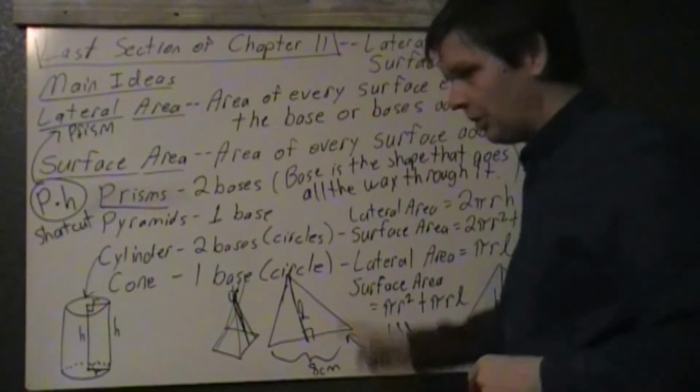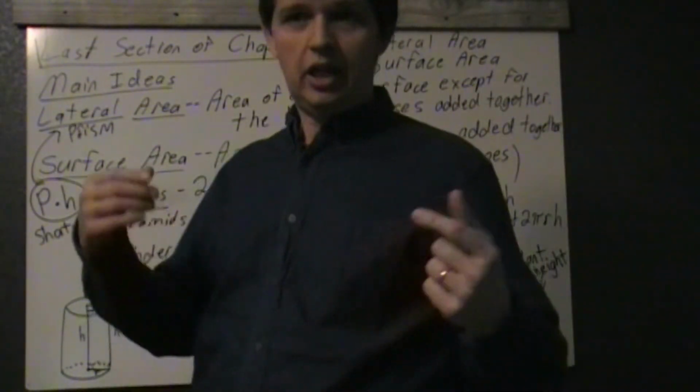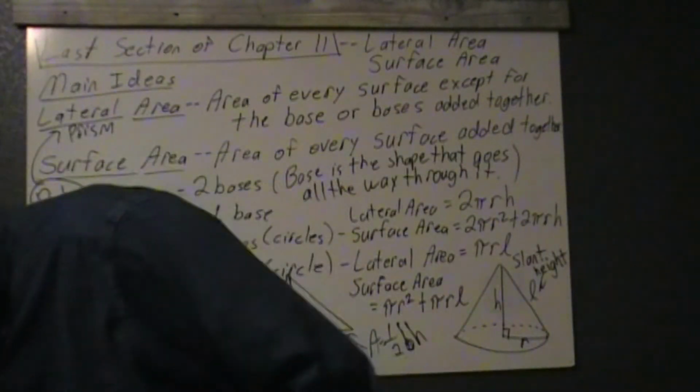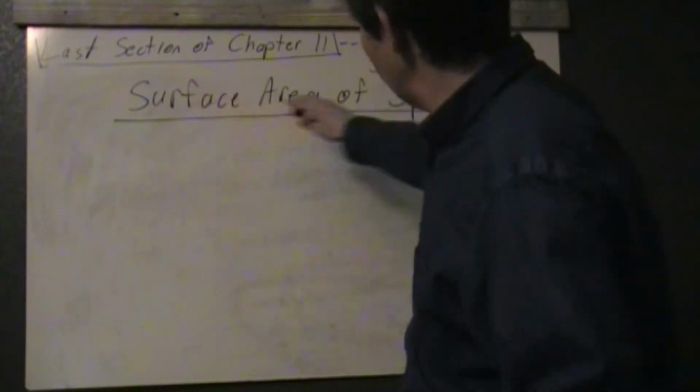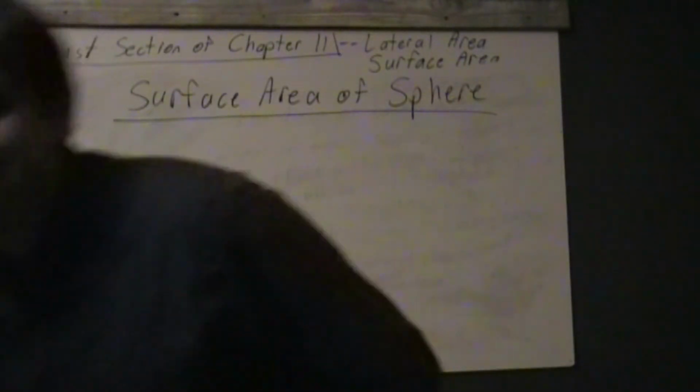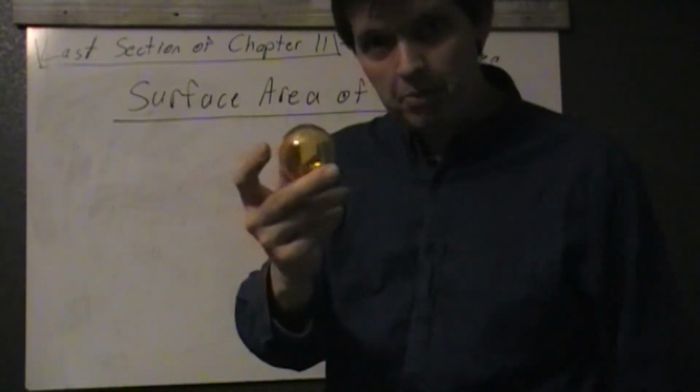2 more formulas, and I'm going to have to erase this, so it'll be magic that this disappears. Welcome back. Surface area of a sphere. Okay? It's a ball. That's all it is. So you take the ball.